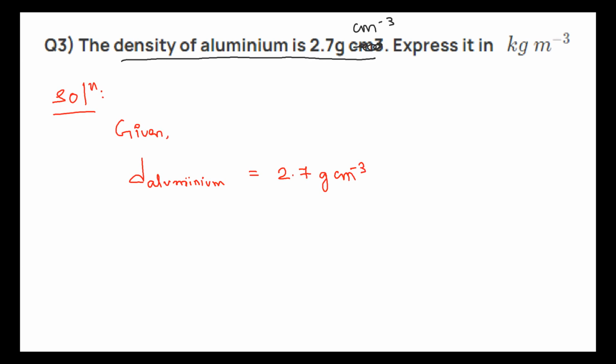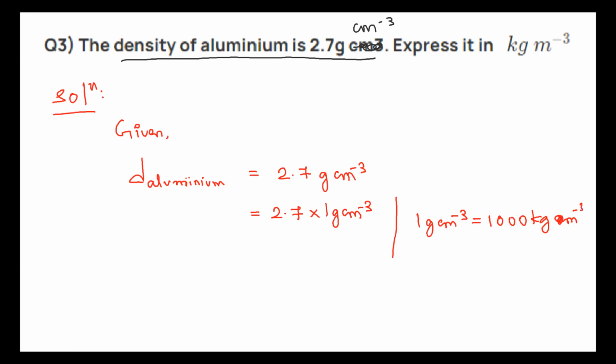Now, if you have to convert it into kg per meter cube, you can simply write 2.7 into 1 gram per centimeter cube. And we know that 1 gram per centimeter cube is actually equals to 1000 kg per meter cube.